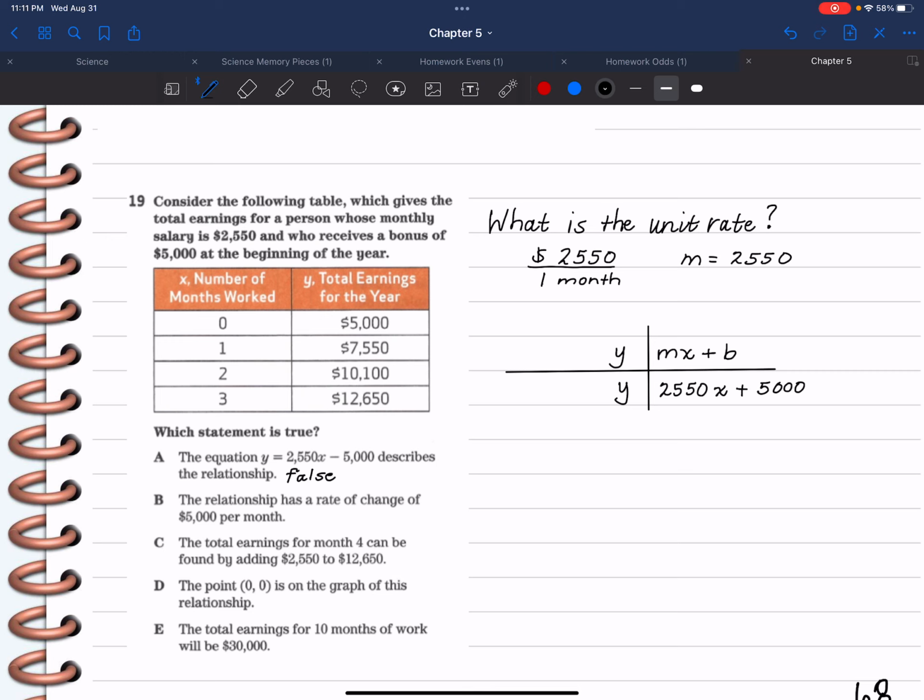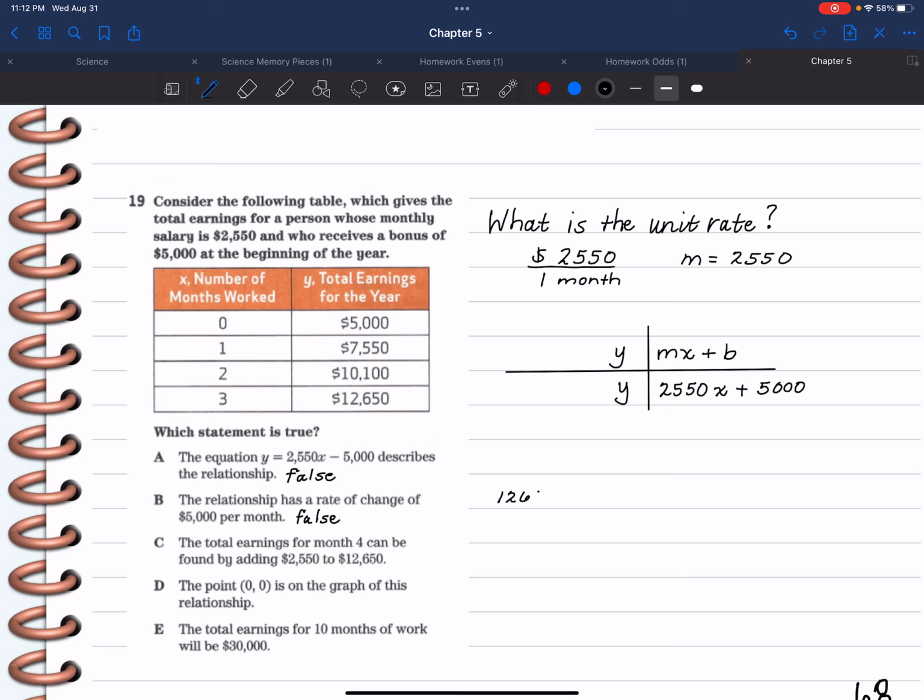The relationship has a rate of change of 5,000 per month. That is a false statement. The rate of change is 25.50 per month. The total earnings for month 4 can be found by adding 25.50 to 12,650. I think that's true, but let's be sure.